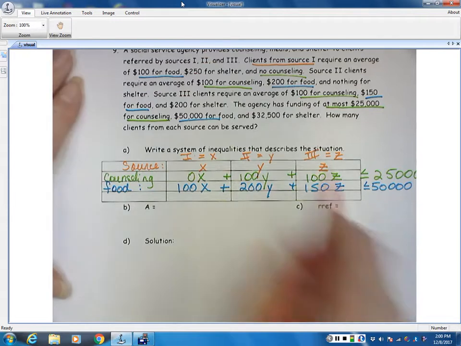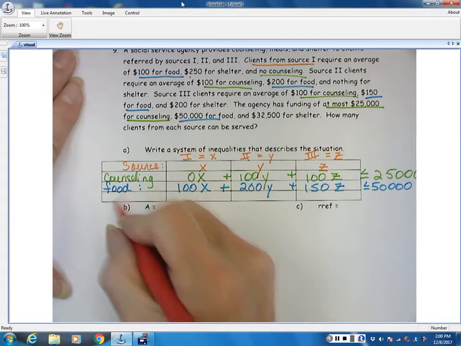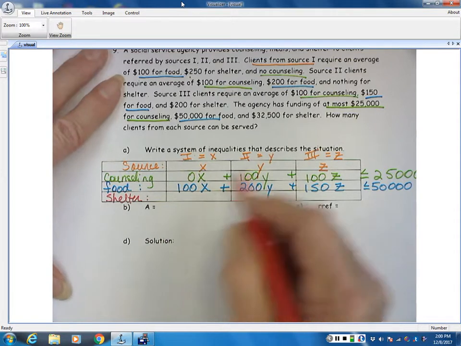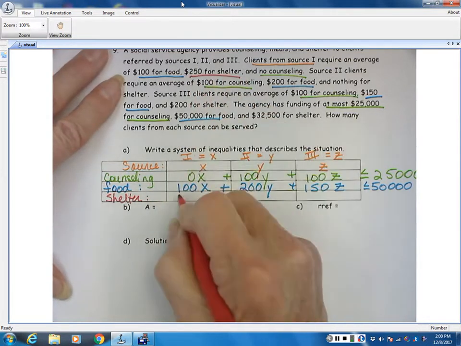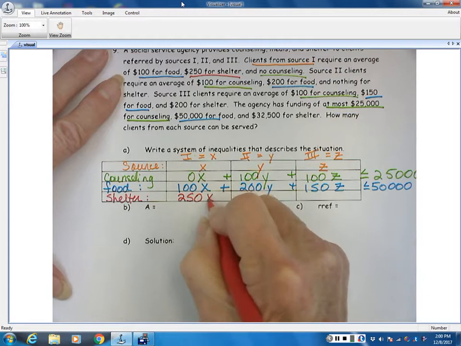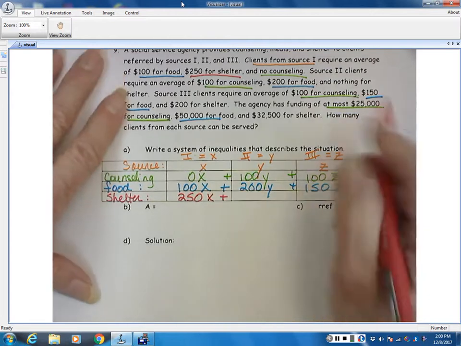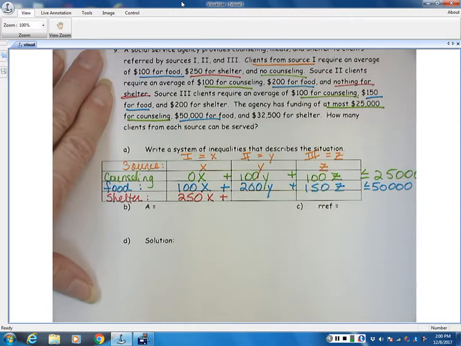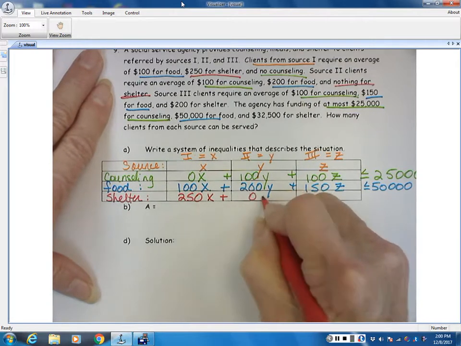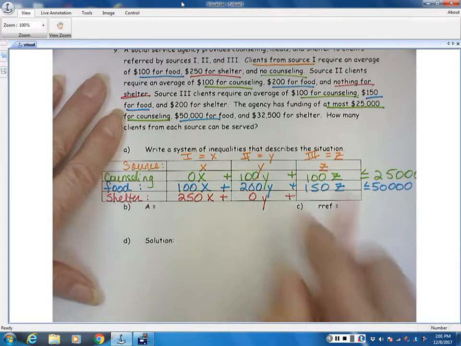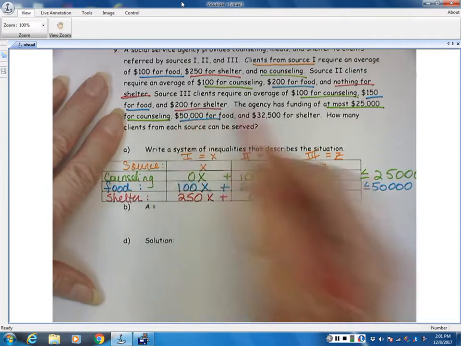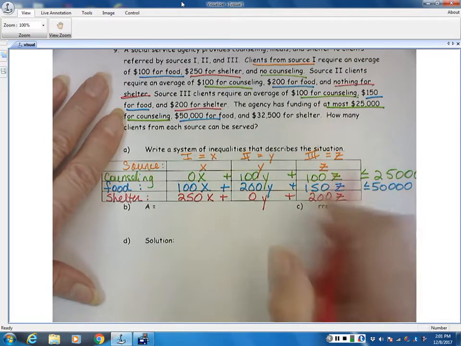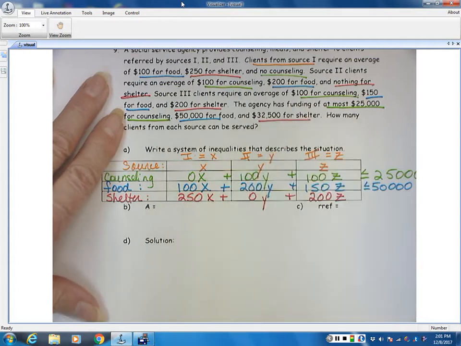And then the last thing is shelter. So a source 1 client needs $250 for shelter. Source 2 don't need anything for shelter, so apparently they've got a place to stay. And source 3 need $200 for shelter. And the most they had to spend on shelter is $32,500.